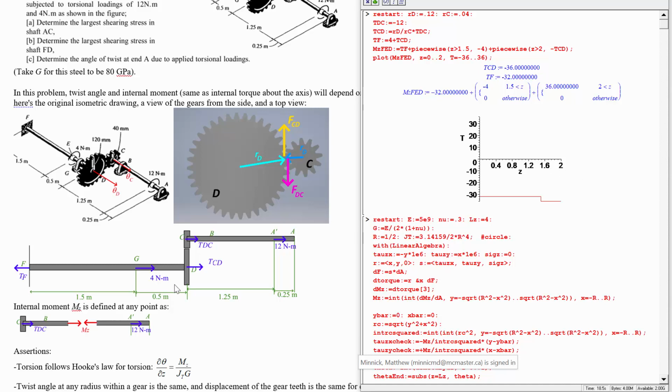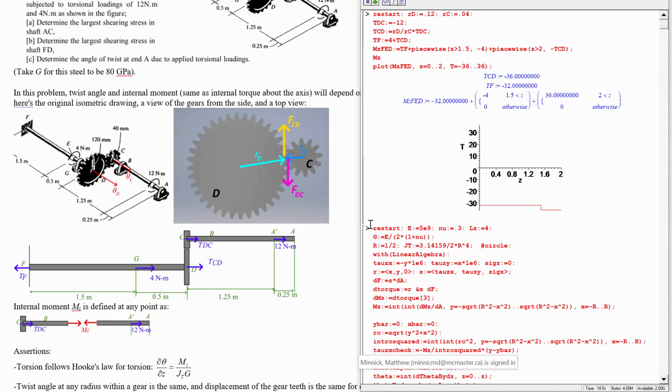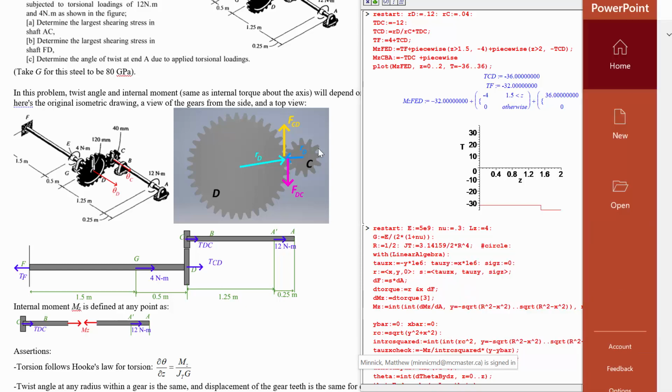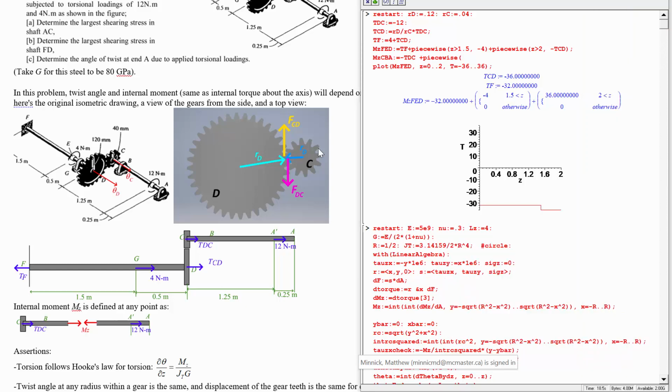We could also come up with the internal bending moment in this range, and that one will be MZ CBA, which is, we've got this applied to the right, so we would say negative TDC plus piecewise, whoops, I've opened PowerPoint again. Strange hotkey. Piecewise, Z is greater than 1.25.